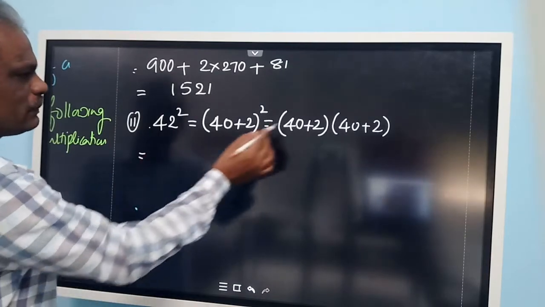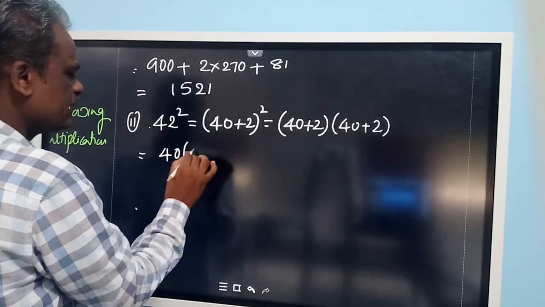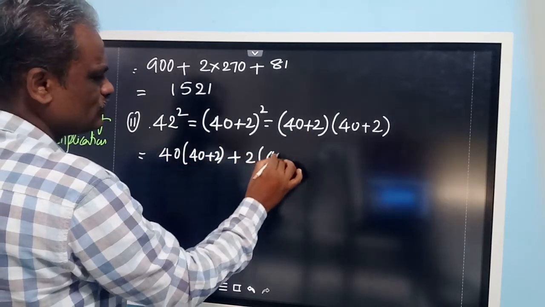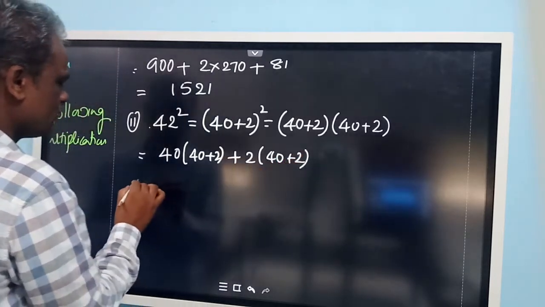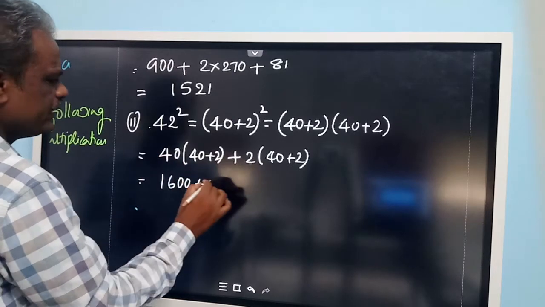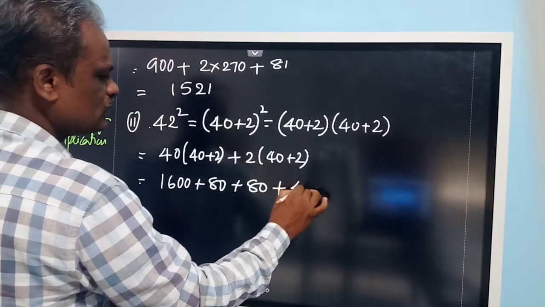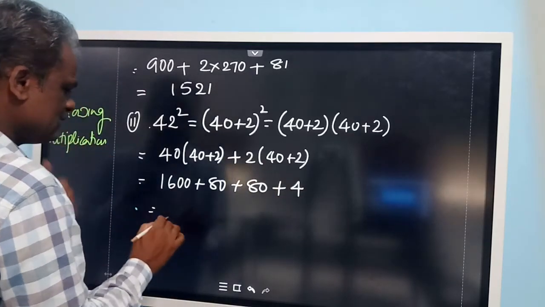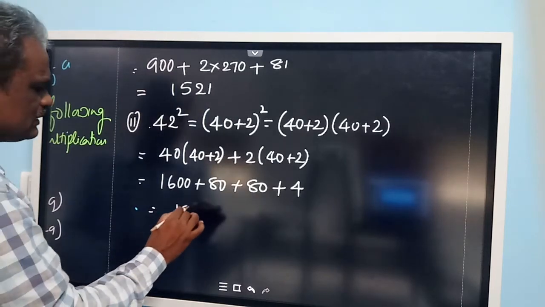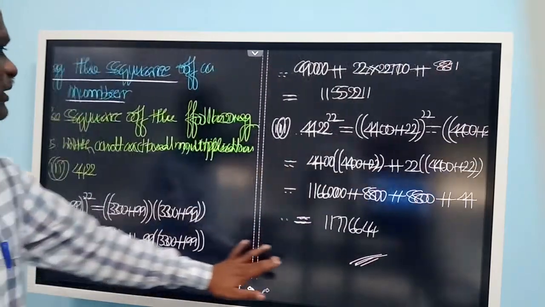Using the distributive property, 40 into 40 plus 2, then 2 into 40 plus 2. 40 into 40, 1600. 40 into 2, 80. Again 40 into 2, 80. 2 2s are 4. The sum of these four numbers is 1764. So this is how you can find it without direct multiplication.